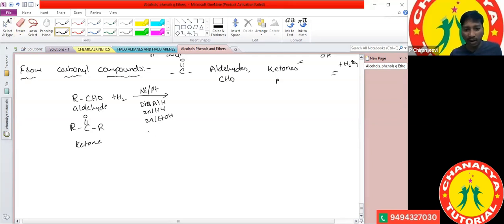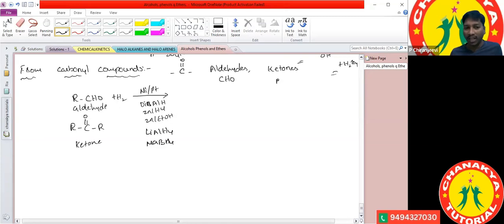Lithium aluminium hydride, LiAlH4, and sodium borohydride, NaBH4. All these are the different reagents we are using. Now you got the clarity, all of you.